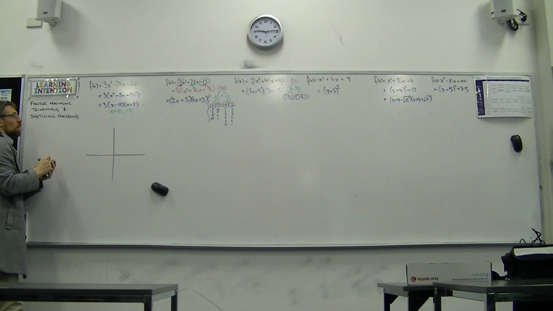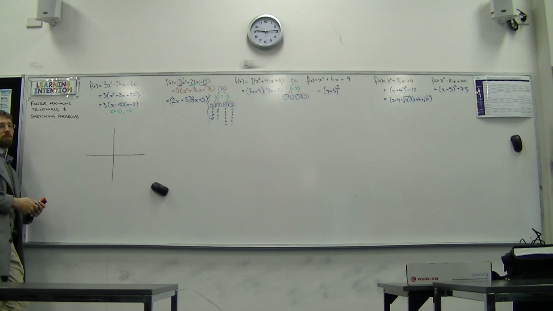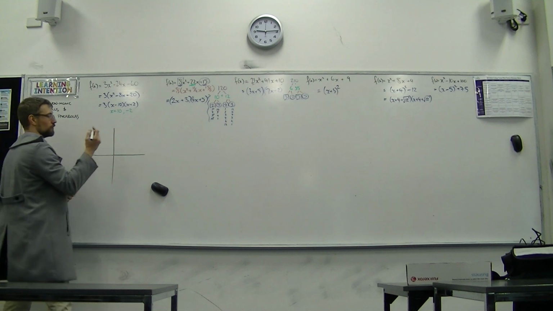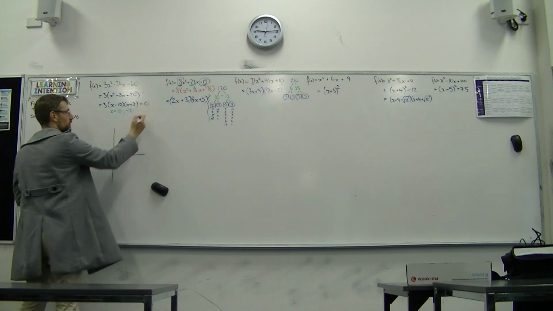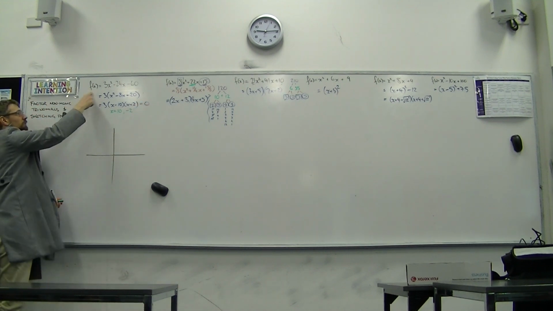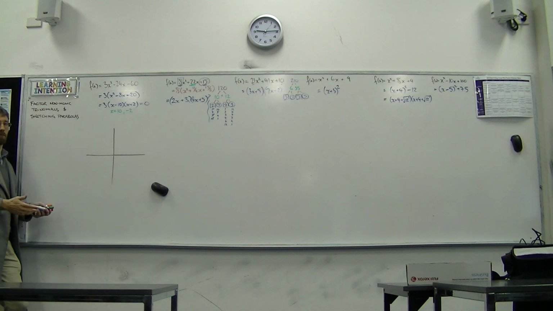How do you know that that's true? Because you've done it last year and you just know. Okay. So what you're doing is saying, I'm going to make this thing equal to 0. What's f of x effectively the same as? Y. If y is 0, where must I be?